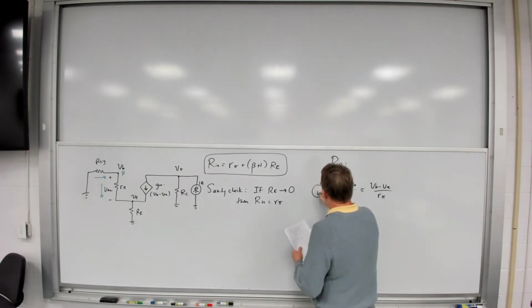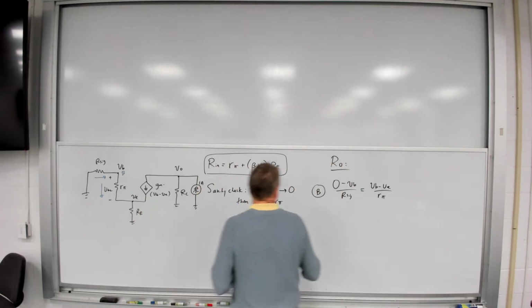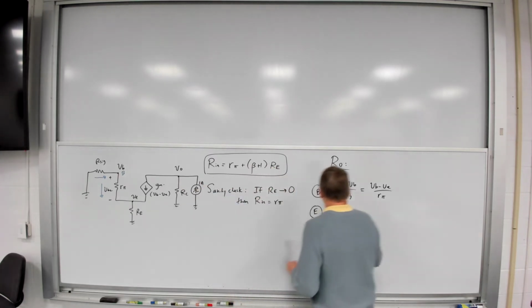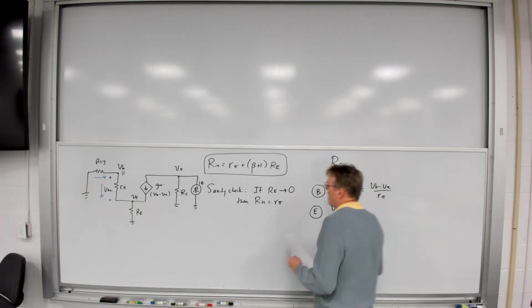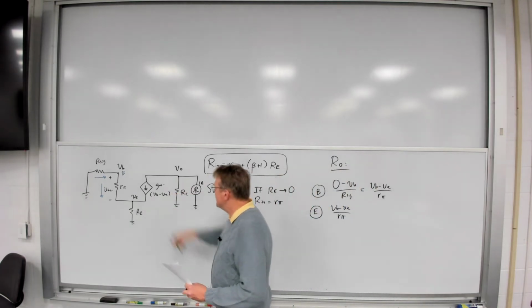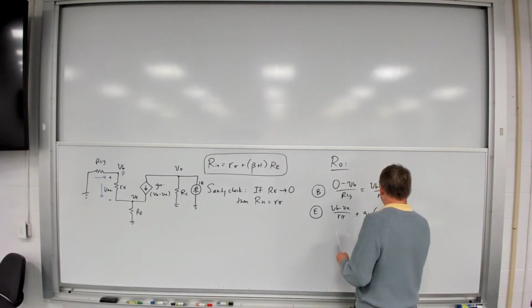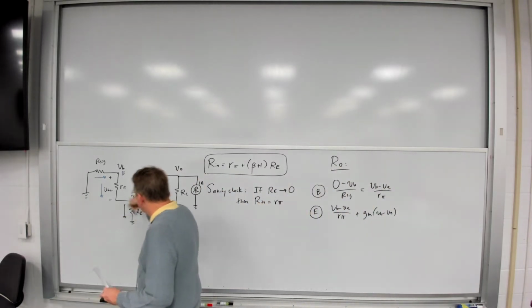So that's my base node. For my emitter node, VB minus VE over r_pi plus gm times (VB minus VE) is equal to, in this case, VE over RE.